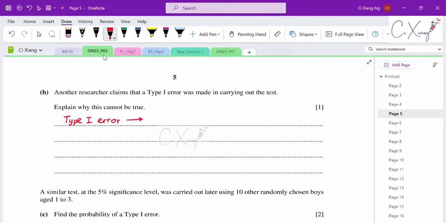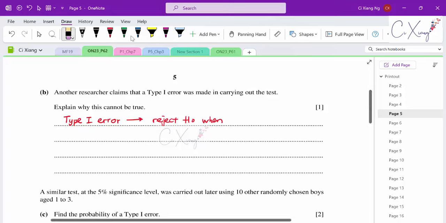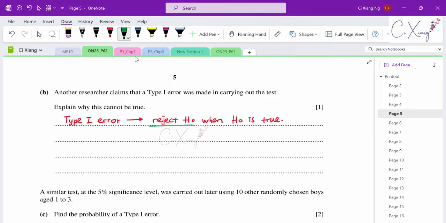Type 1 error means that you reject the null hypothesis when the null hypothesis is true. So the condition is you have to reject your null hypothesis. Only then is it possible to make a type 1 error.